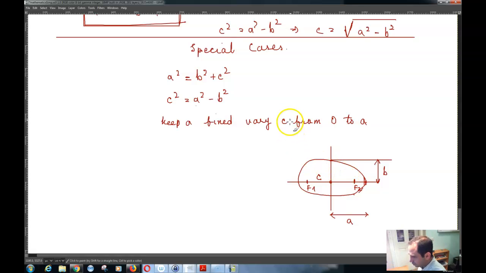And basically, if f2 was over here, then c is equal to 0, meaning that c is equal to 0 if f2 and O, for example, are the same points.